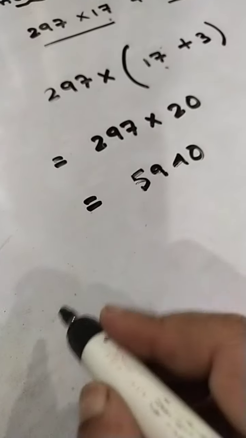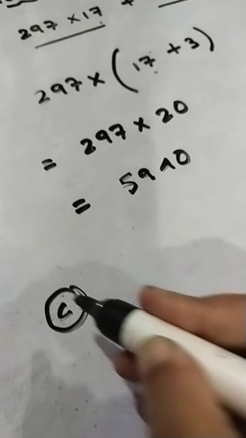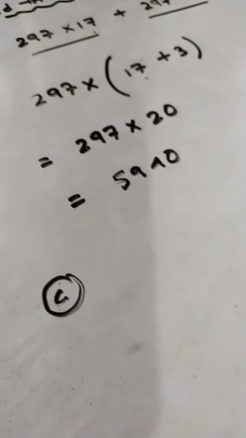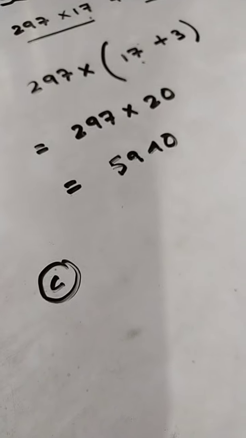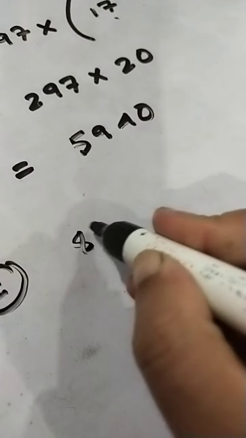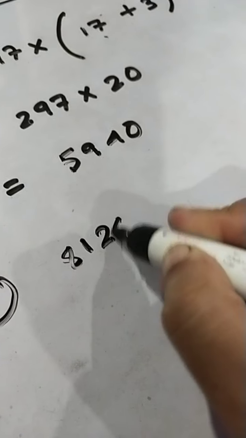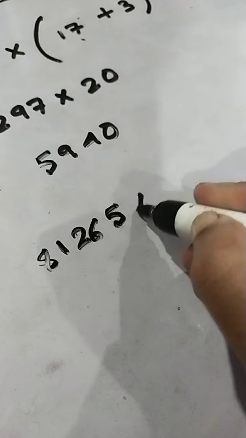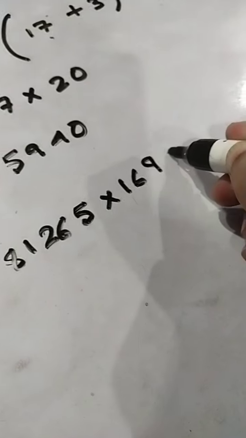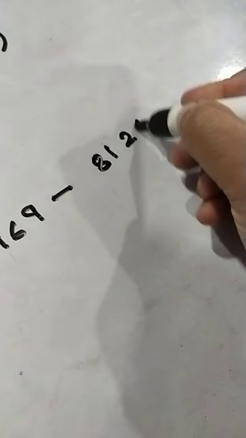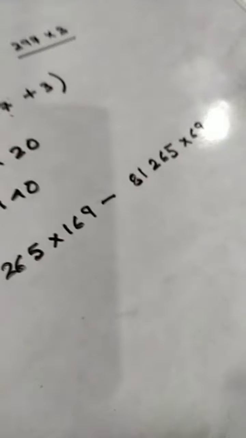Okay, now let's move on to sum number C. As I'm not doing sum number B, that means sum number B would be your homework. Sum number C is 81265 into 169 minus 81265 into 69.